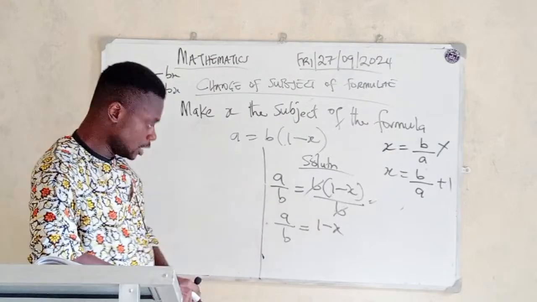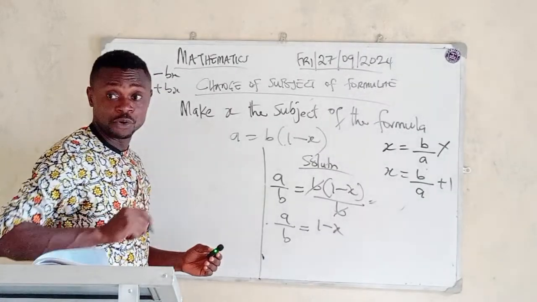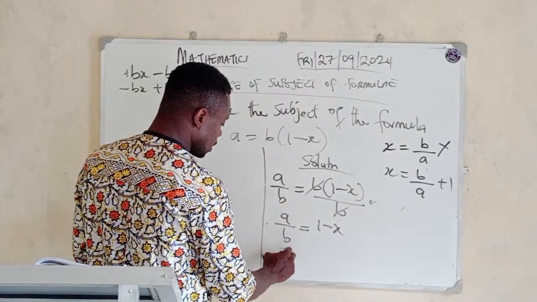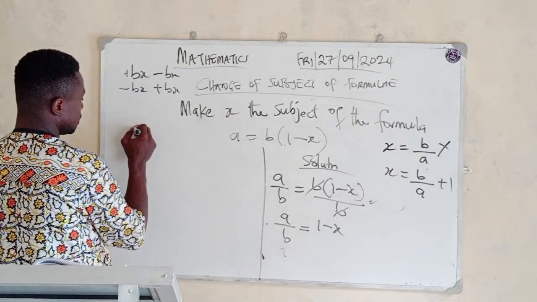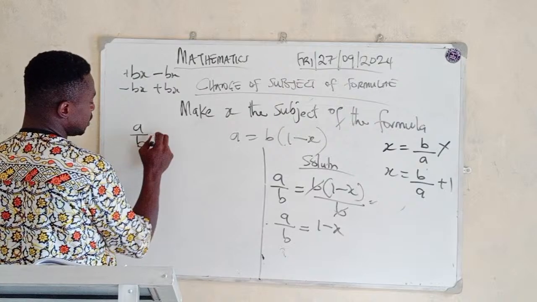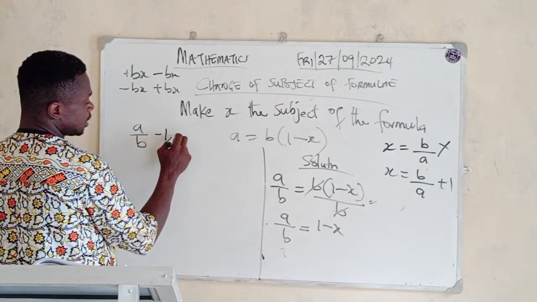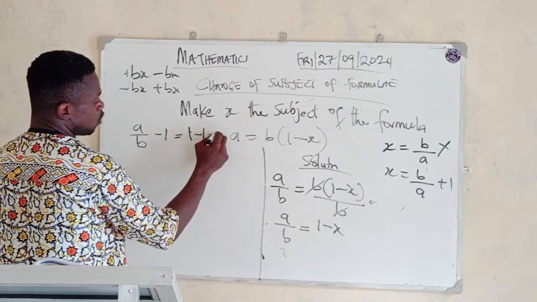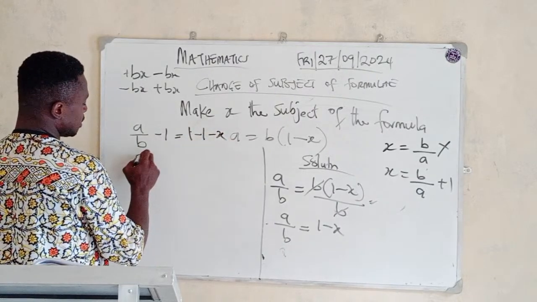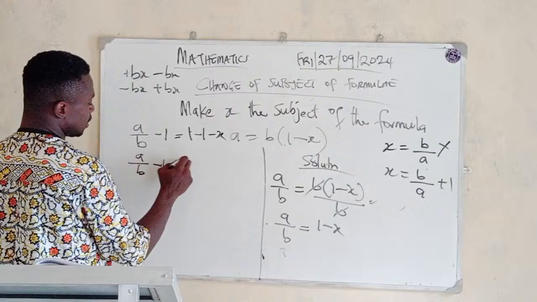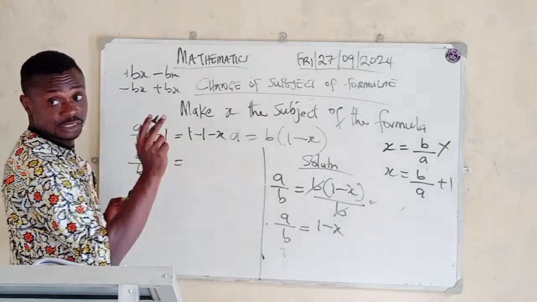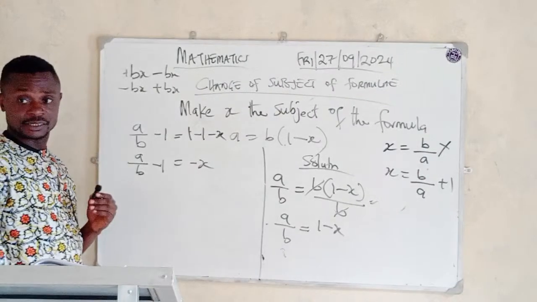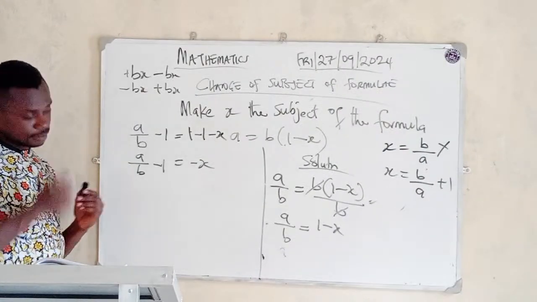So we have A over B minus 1 is equal to 1 minus 1 minus x. 1 minus 1 is 0, so we are left with minus x. Is it clear?